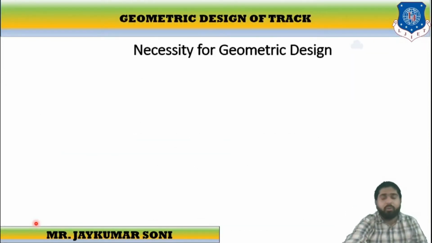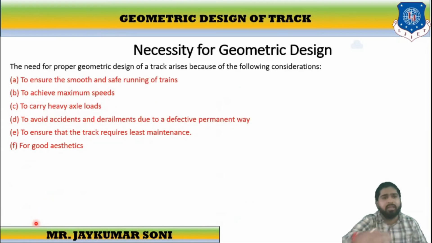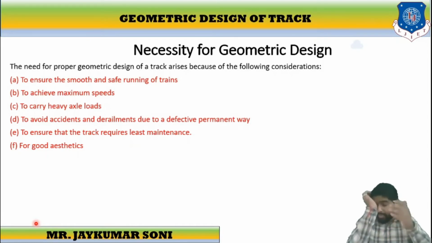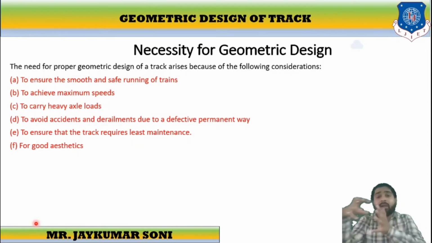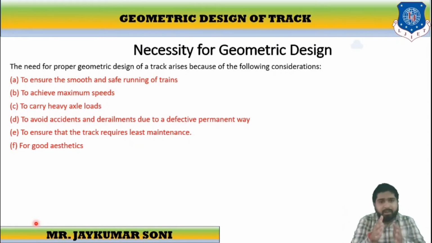So what is the necessity to provide the geometric design? There are certain needs: to ensure the smooth and safe running of train, to achieve maximum safe speed, to carry the heavy axle load, to avoid accidents, to avoid derailment, which means the wheels are not displaced from the rails, to ensure that the tracks have less maintenance, and for good aesthetic view, they should look good to a viewer.